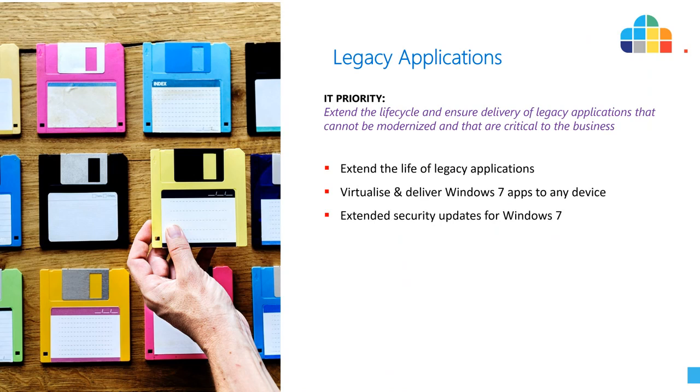But if you are using Windows 7 in Azure, then you get extended security updates. So that really allows you to extend the life cycle of legacy applications, and gives you more time to migrate from those applications onto a different solution, or if possible, re-architect them over time to work in the cloud.